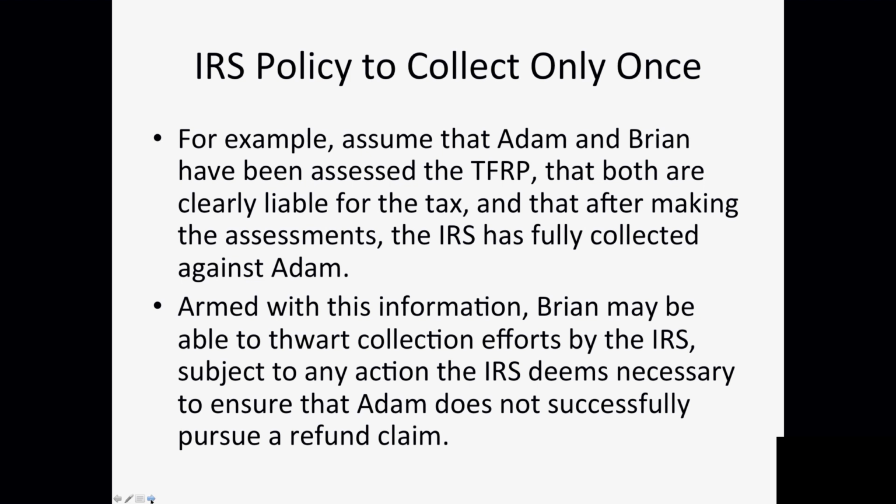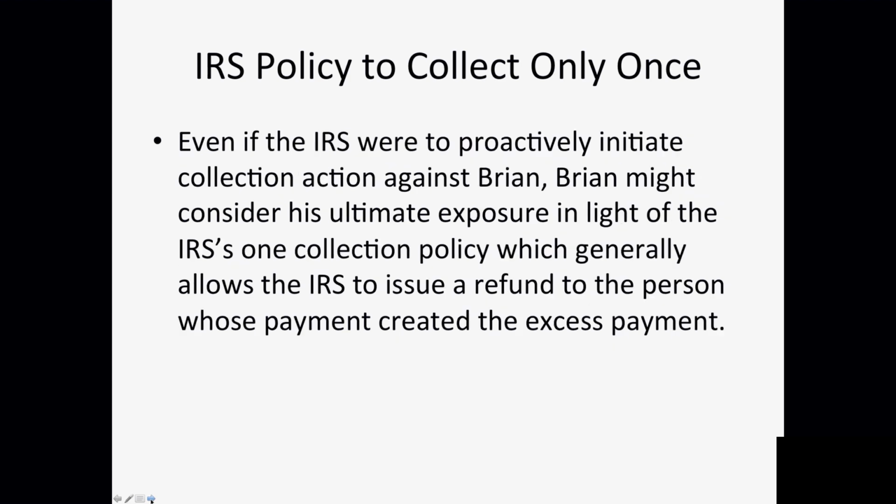And unless and until such time as the statute of limitations for pursuing that claim has expired, or until Adam has unsuccessfully pursued that claim and it's been denied with prejudice, the IRS isn't too willing to let the second taxpayer off the hook. In this case, Brian. In the former case, it was Bob. So the IRS is going to assess against both parties.